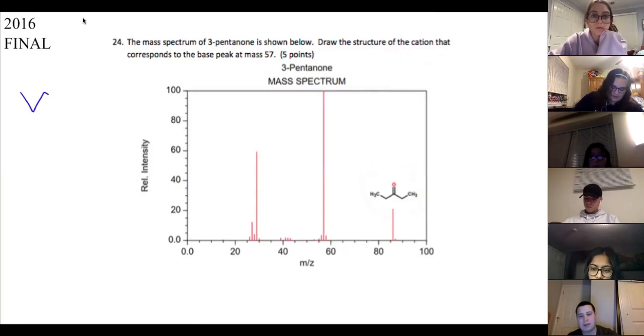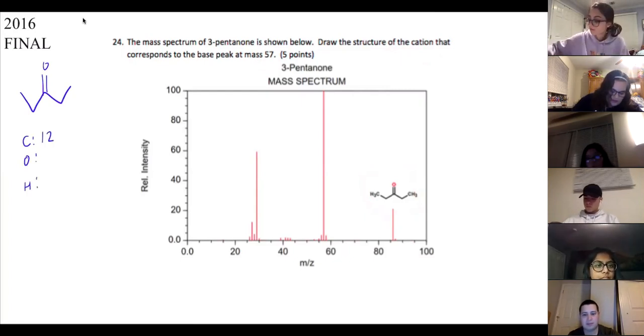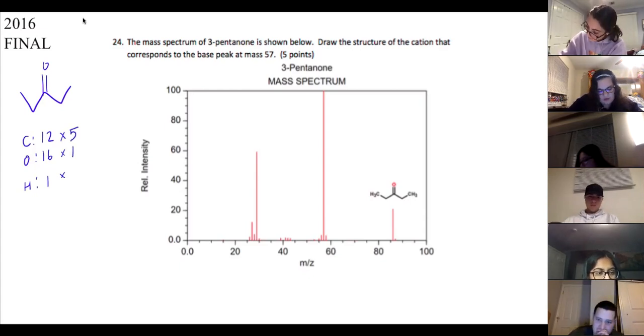The first way to do it is to literally calculate the mass. So I'd go carbons, oxygens, hydrogen. Carbon weighs 12, oxygen weighs 16, hydrogen weighs 1. Multiply them by how many there are. So for carbon, 5, 1 oxygen, hydrogens are 10.